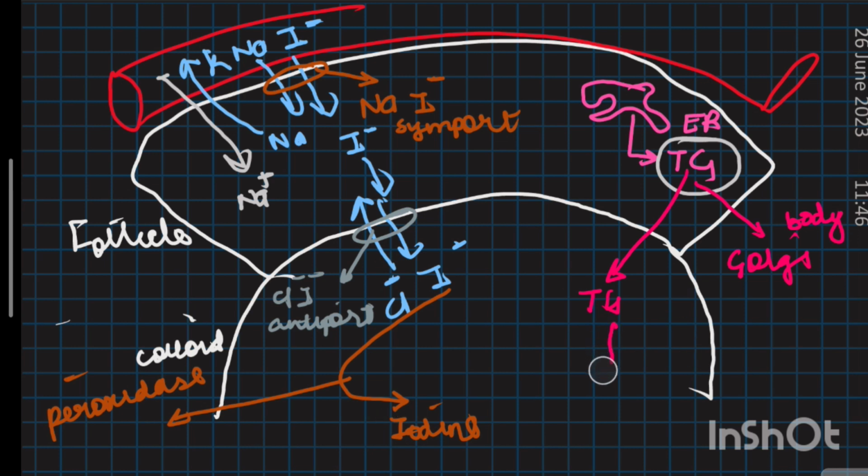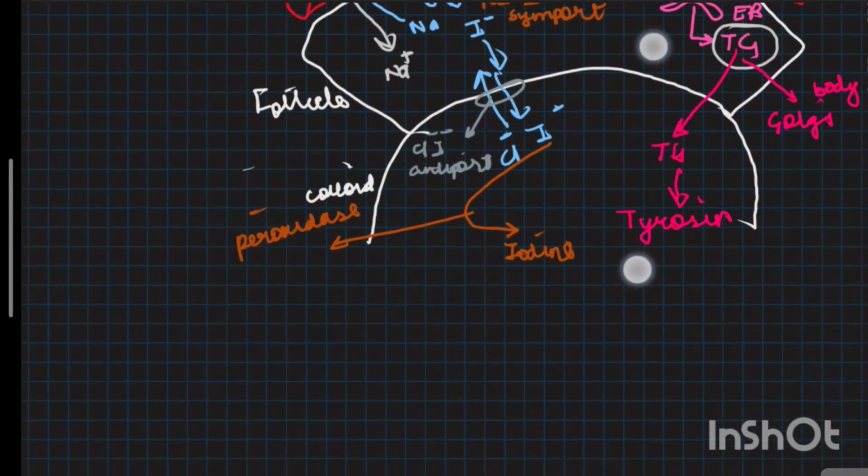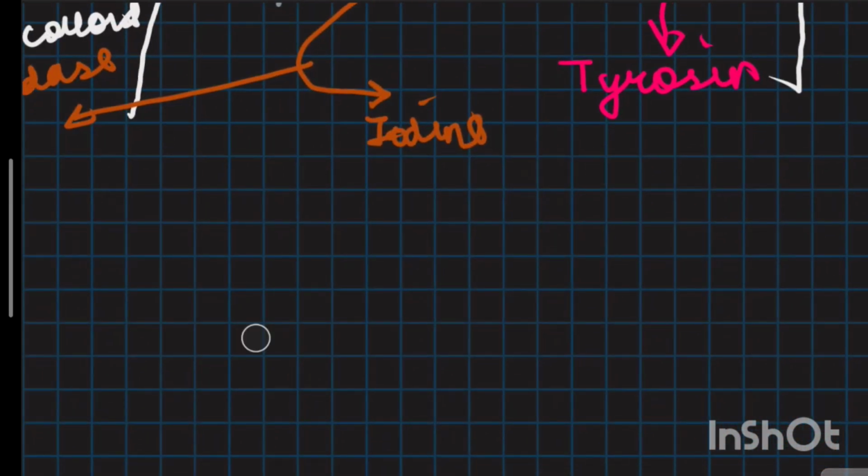Thyroglobulin has tyrosine molecule. So let's make that something happens here. See, this is iodine. Let's call it I, and this is T.